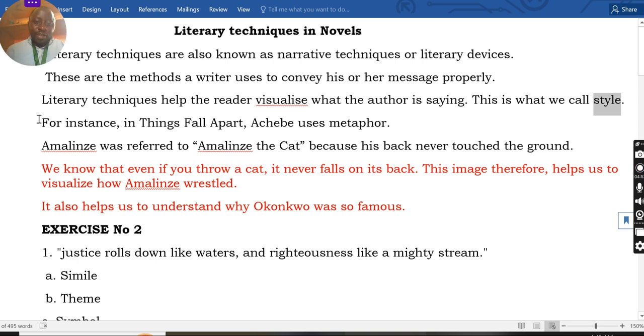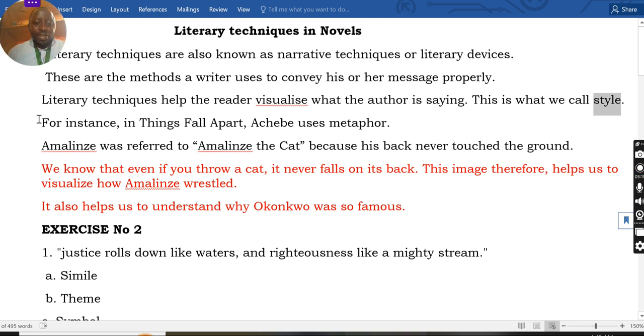And here we have an example. We have a common metaphor used in Things Fall Apart. Things Fall Apart is a novel by the Nigerian writer Chinua Achebe, and he uses a metaphor in this novel.